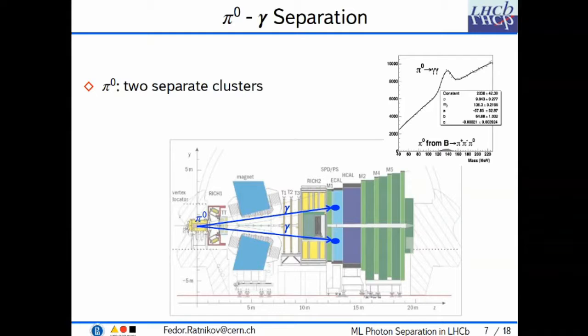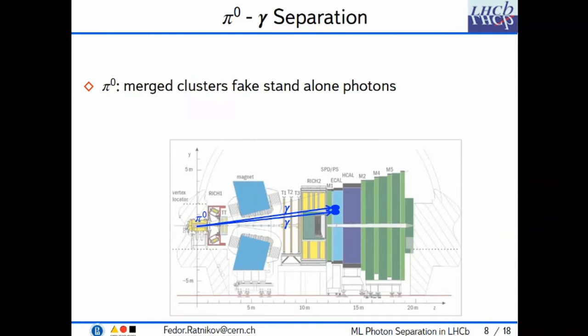Now, if a pi zero is produced, it decays into 2 photons, and those 2 photons produce 2 clusters in the calorimeter. It's not that easy because there is combinatorics. However, we can calculate the invariant mass and somehow suppress those pi zeros, as demonstrated in the plot.